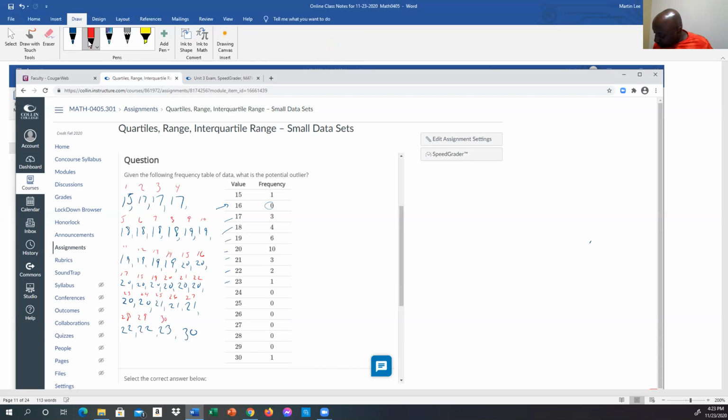Each number in this data set has been numbered from 1 to 31.